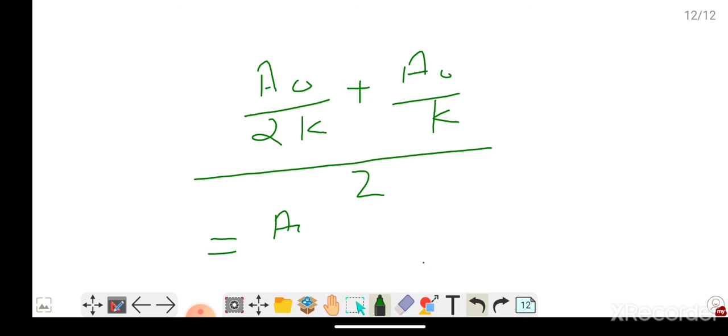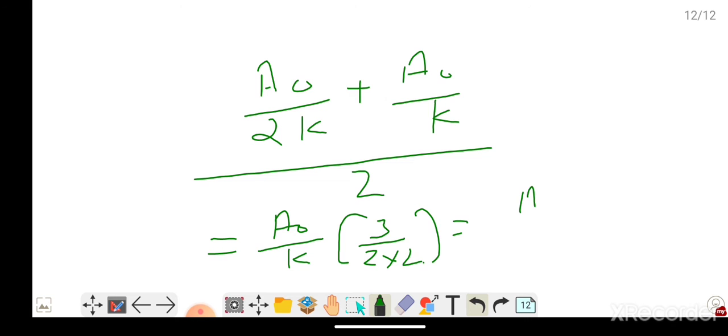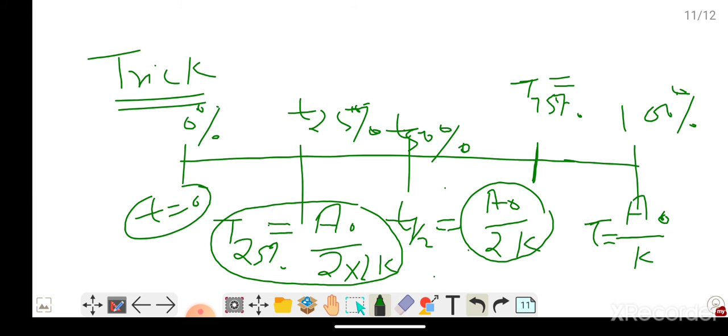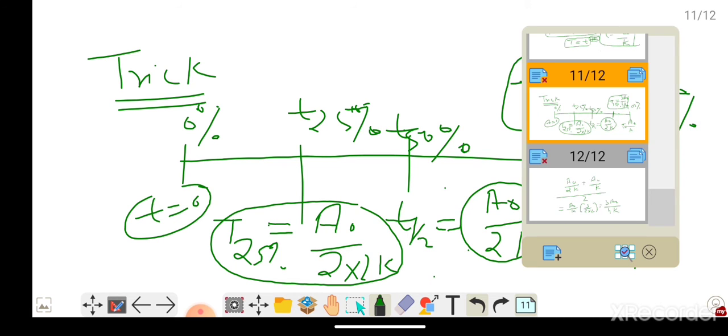If we take A naught by K common, then 3 by 2, divided by 2, so this will be 3 A naught by 4K. This is the time required for t 75% completion.